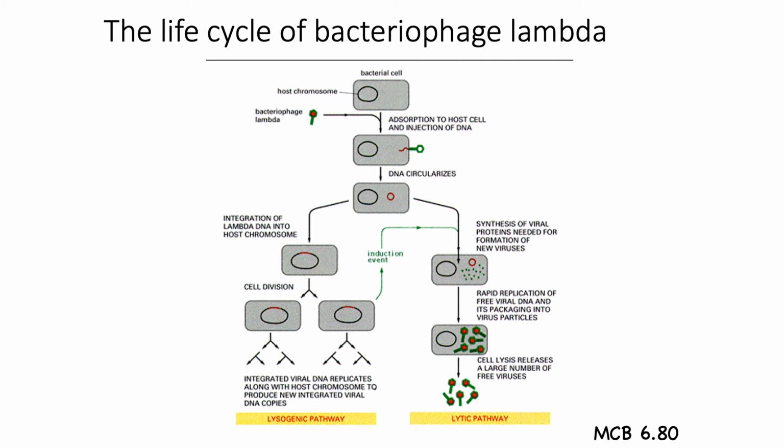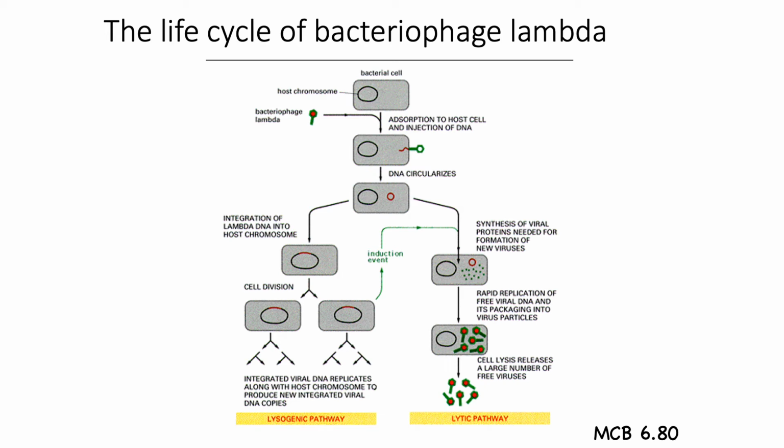So at the top we have a depiction of the bacterial cell with its circular chromosome. The phage then attaches to the surface of the cell, injects the DNA into the cell as a linear molecule. It circularizes, and then it can go through two processes.